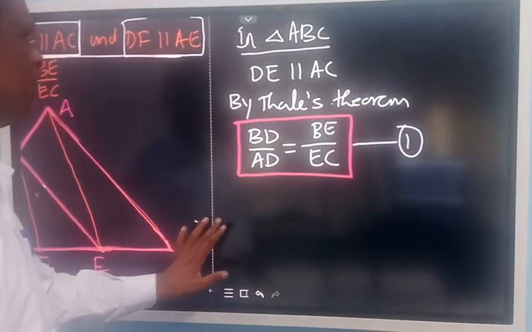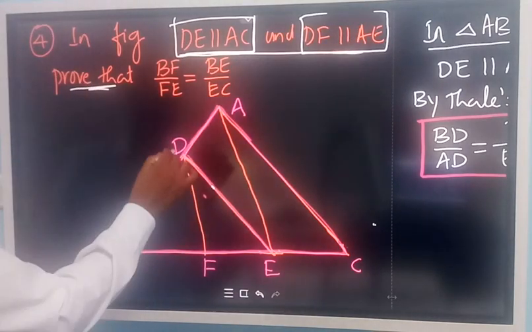Now similarly, we have another one, DF parallel to AE. Which triangle can you select here? In triangle ABE we have DF parallel to AE.